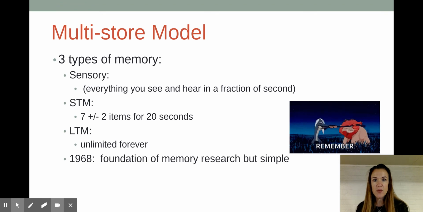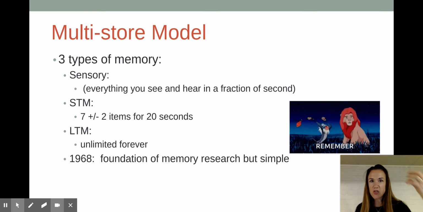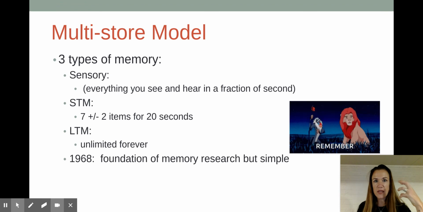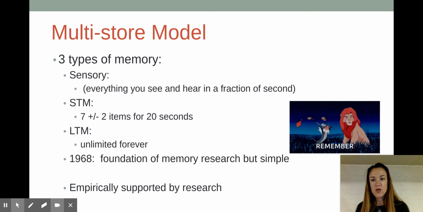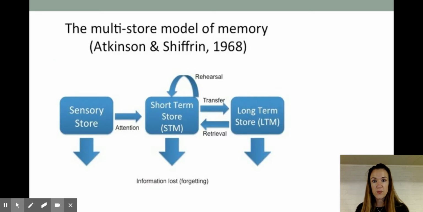It doesn't really talk about how memory is working as you store it or what's going on in your mind as you're thinking about the situation. It is empirically supported by research, however. Here is just a visual of that system, and we drew these last year, so we should be familiar with that.